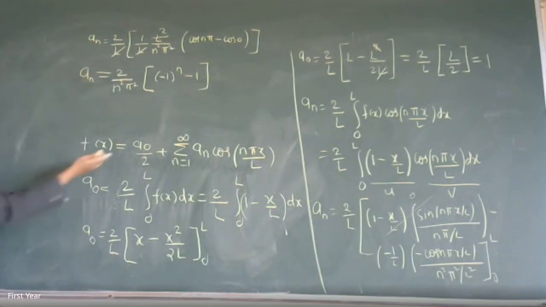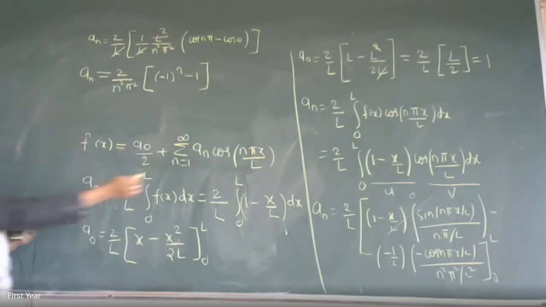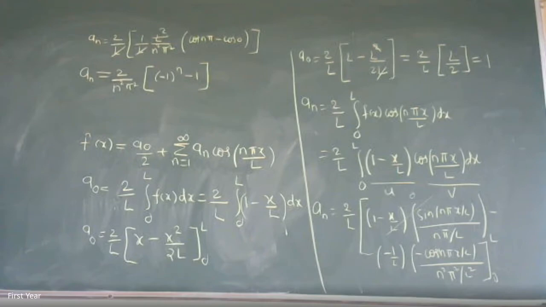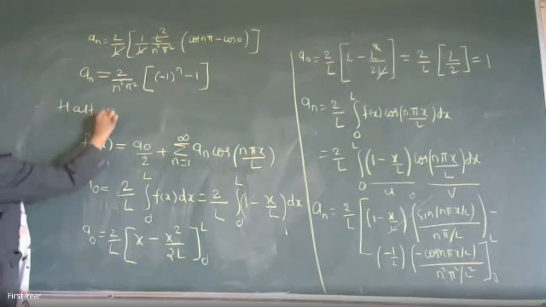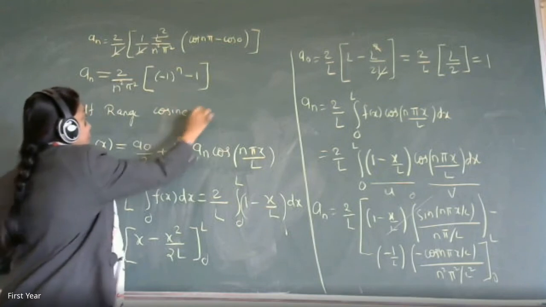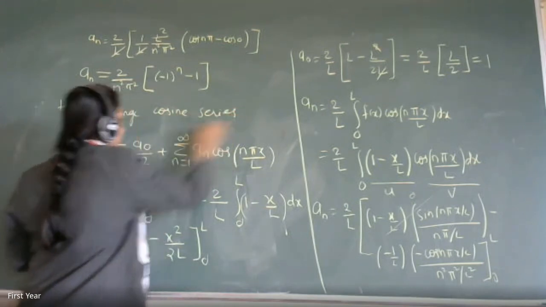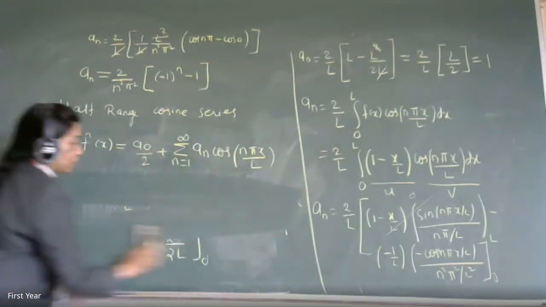Okay, and therefore now what's the final answer? Just substitute in place of a naught, what's the value of a naught, and in place of a n. That's your half range cosine series. Is it okay? Yes, ma'am. So put the values there and that's your answer.